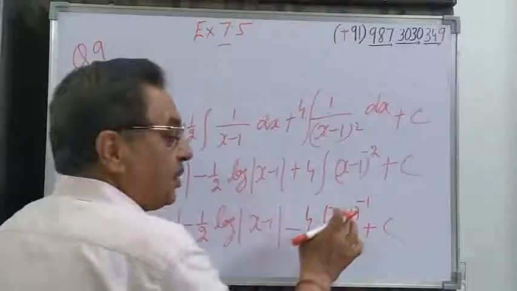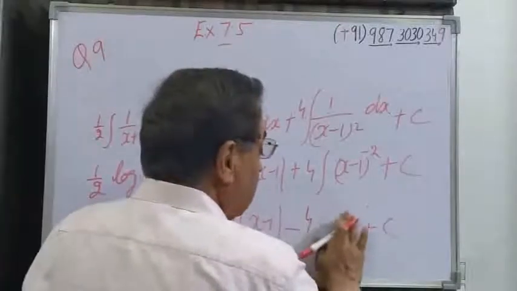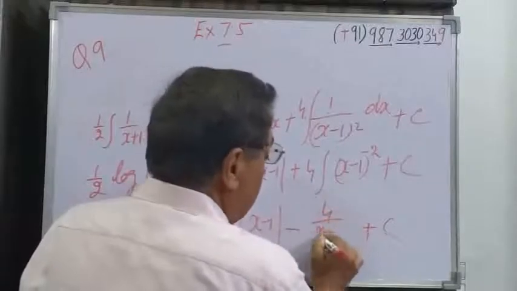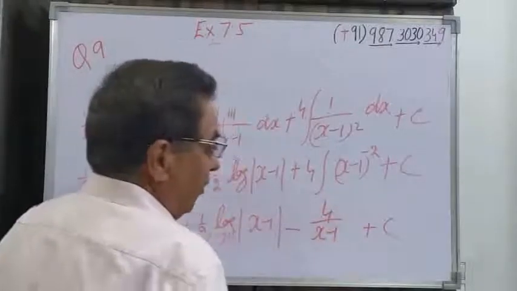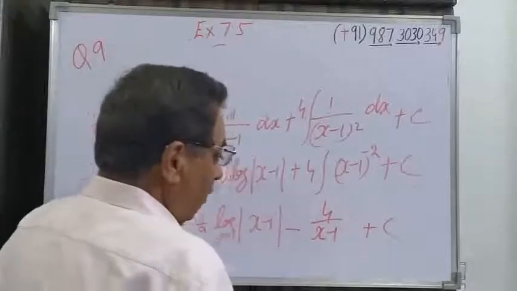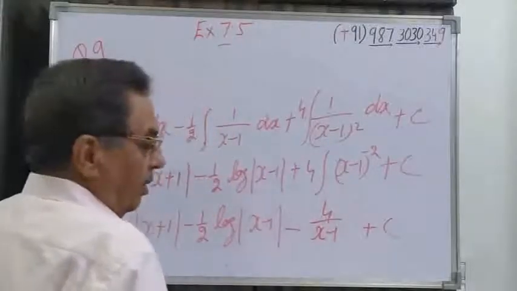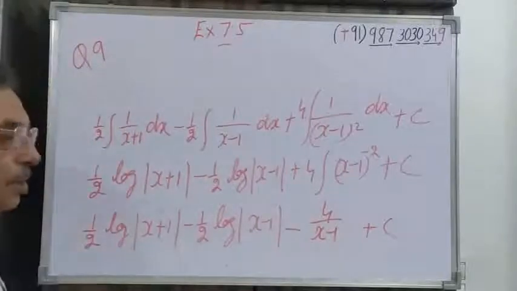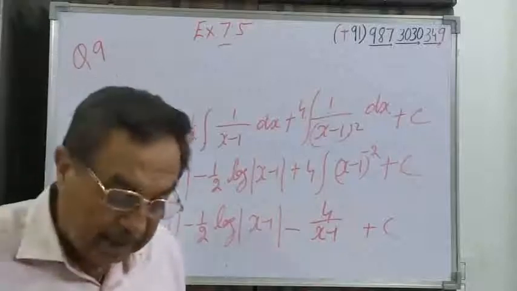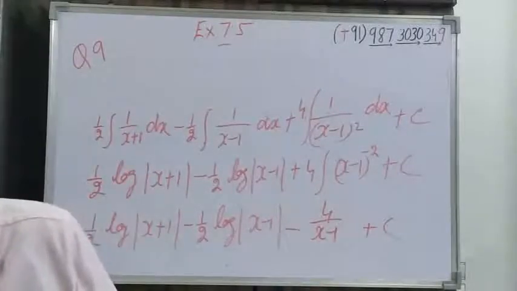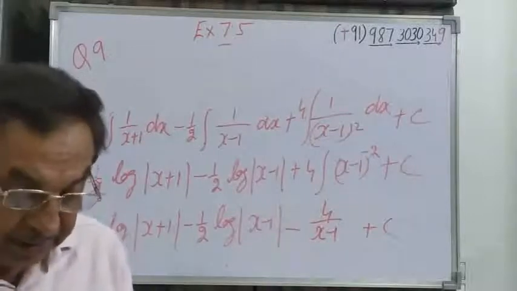For making it positive, I can write down 4 upon x minus 1, it becomes positive. So this is the answer for question number 9. So these are the most important questions of this exercise.